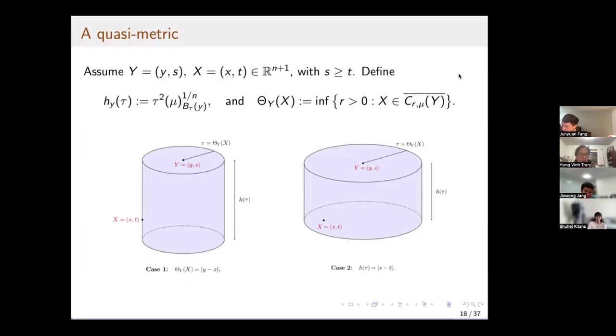For the regular distance between x and y, we know this squared equals |x minus y| squared plus |t minus s|.